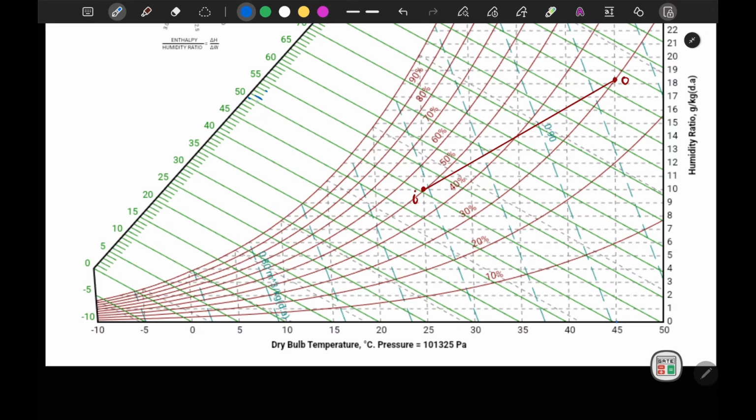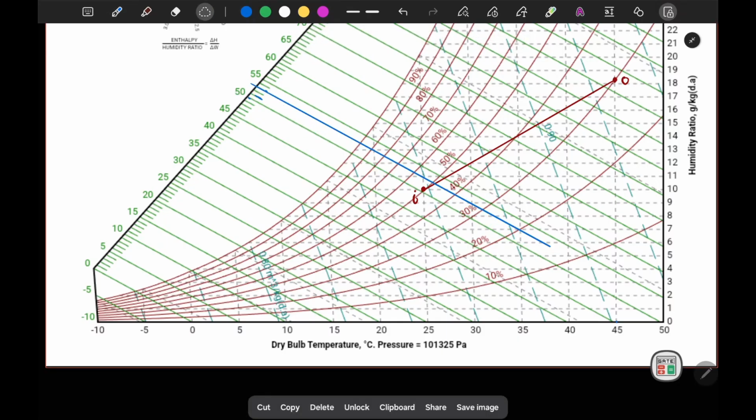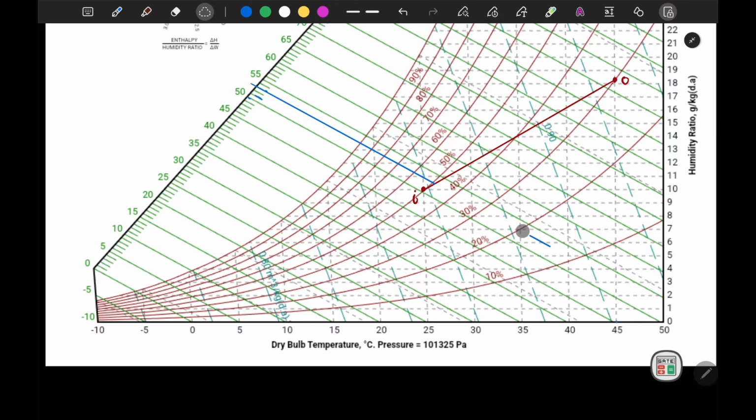So we will draw a line parallel to this line, 2 steps away. If we move 2 steps away, it should be here. From here I can say that this point is point 1. Now I can remove this line, so I have obtained point 1.